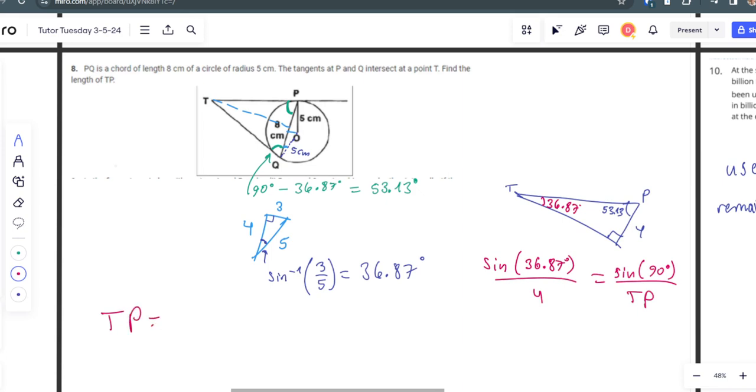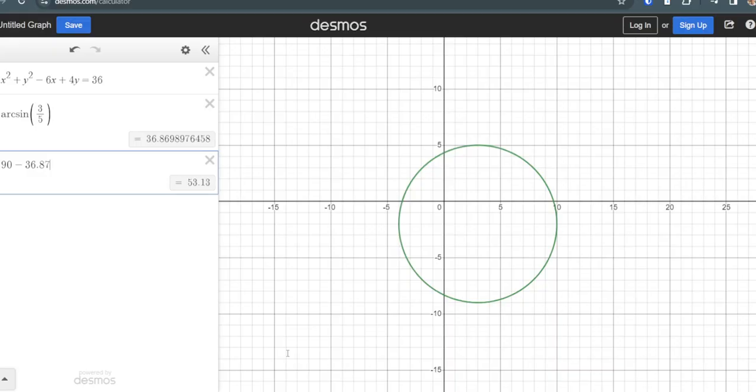So TP is equal to 4 times sine of 90 over sine of 36.87. Sine of 90 is just 1.